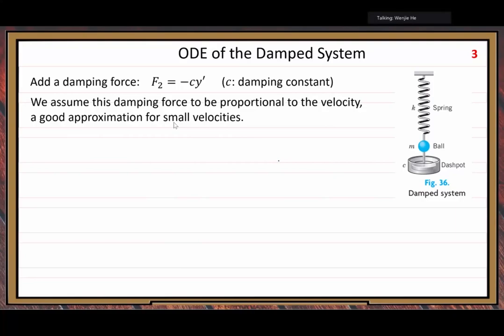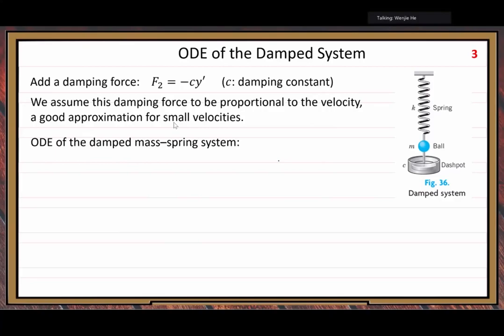Then the ODE of the damped mass spring system. This time we add one more force to the right hand side, because we need to combine all the forces at the right hand side for Newton's second law.